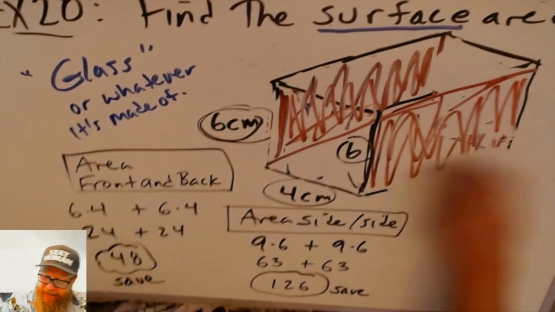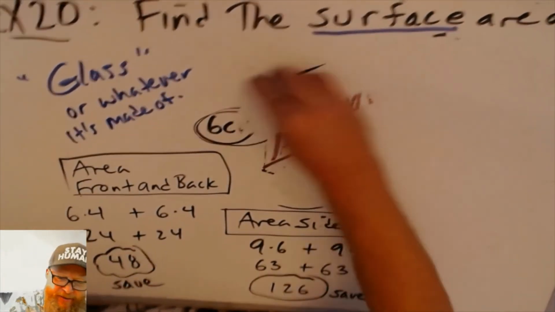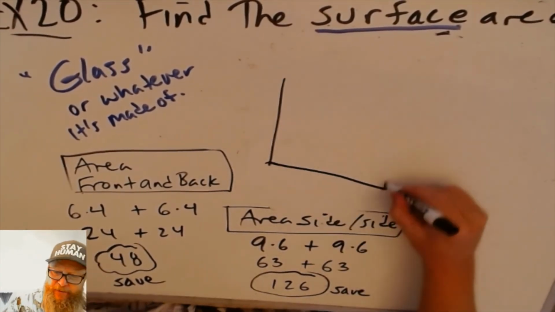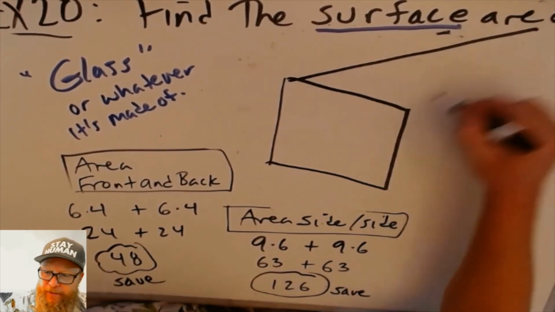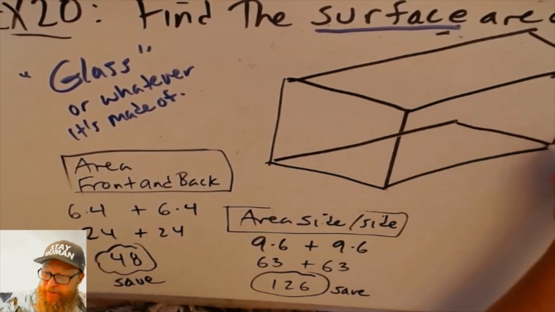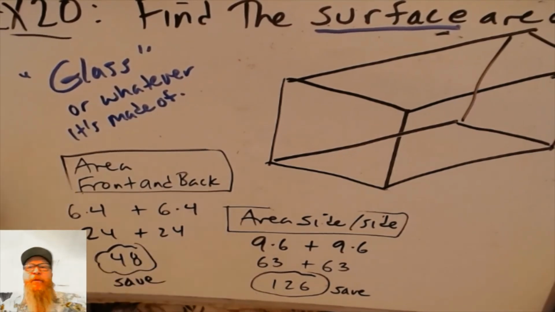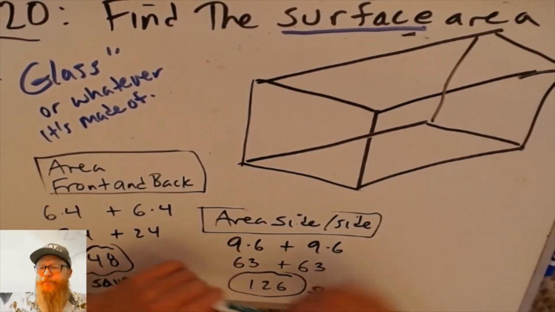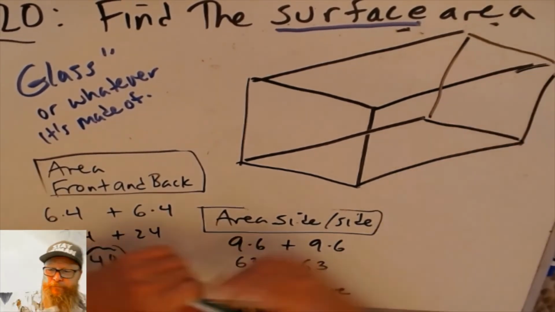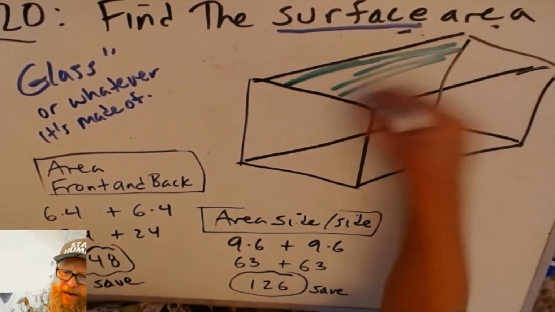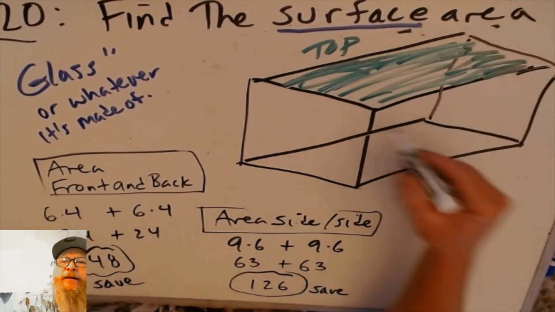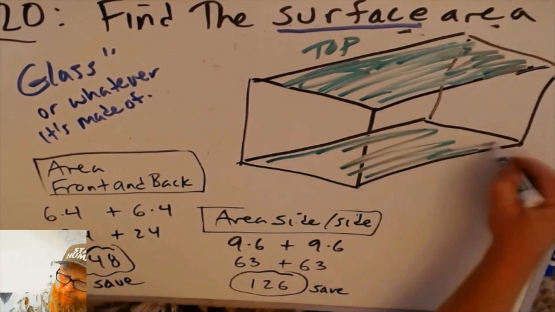Okay, and then finally, just draw this one more time. I've got top and bottom. So I've got the top, the lid, and then I've got the floor, the bottom.